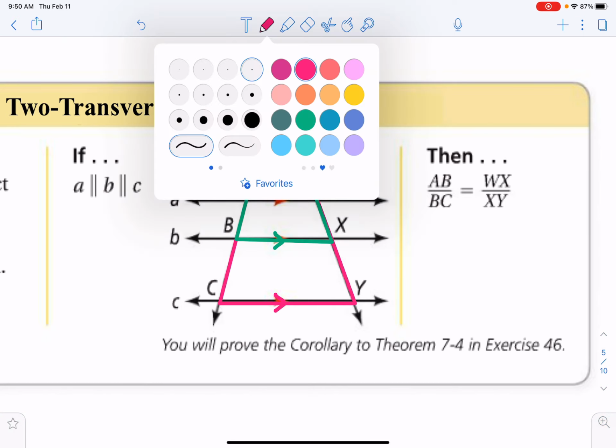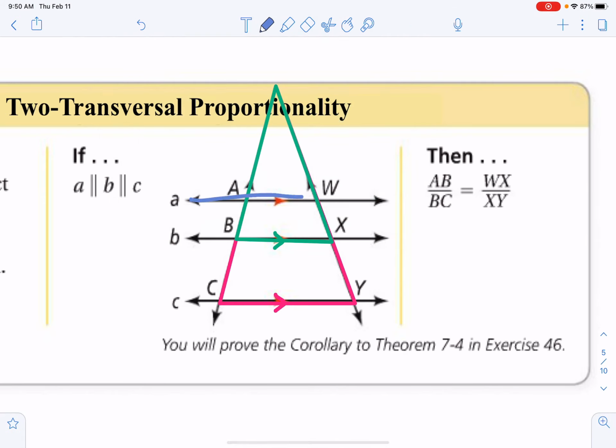The only difference here is they take another parallel line and then they cut off the tops of the triangle.